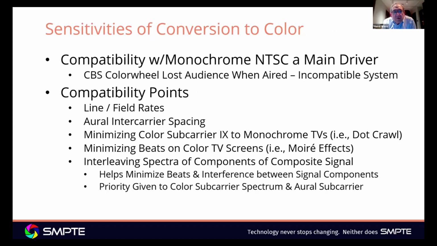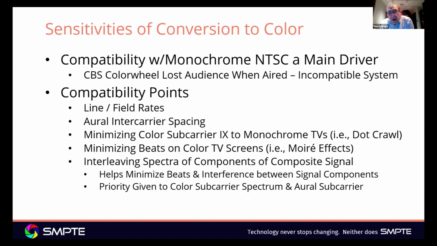So there are a number of sensitive points in the conversion from monochrome NTSC to color. Compatibility was one of the main drivers. There had been an experience prior to the NTSC adopting the system that was basically developed by RCA and a bunch of other companies. Hazeltine's another one that comes to mind.